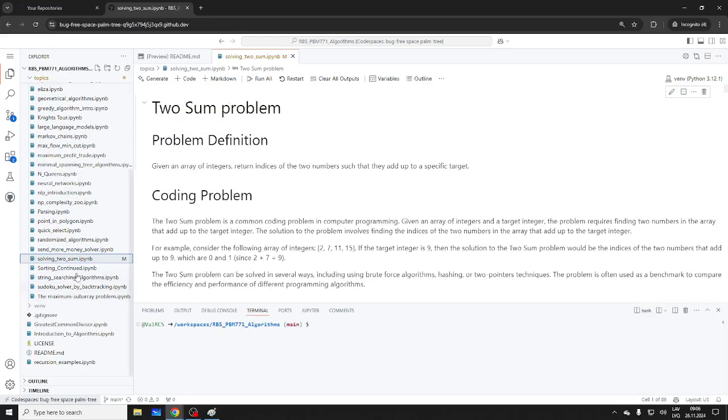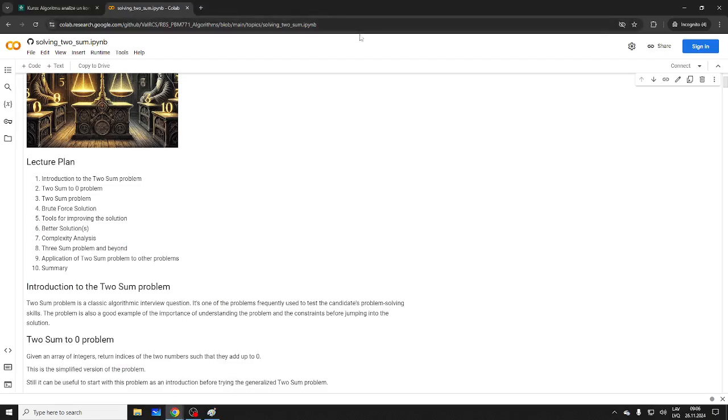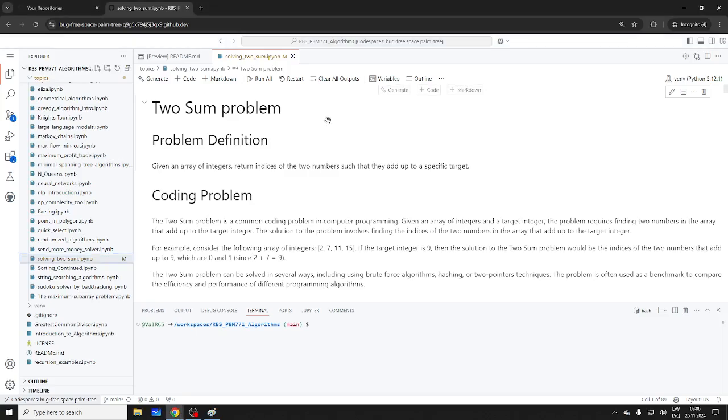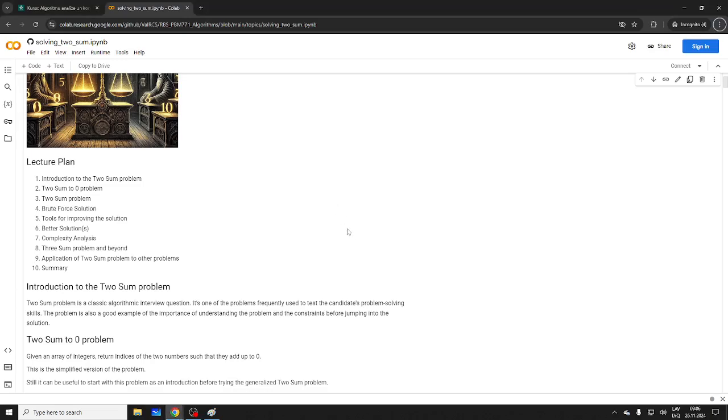The Colab is correct, solving two-sum, but Codespaces is a few days old. That's interesting. I guess we could use a Colab for now.